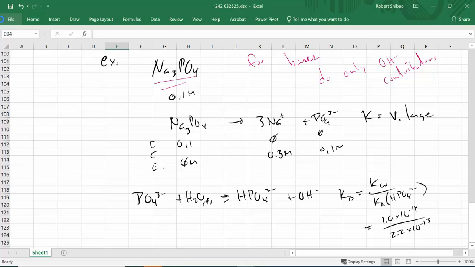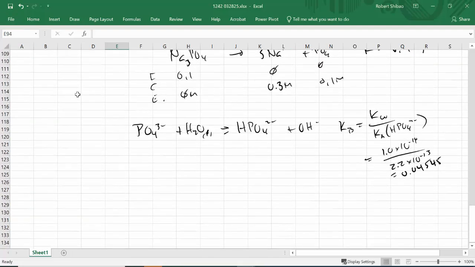And so what does that give us here? 1 times 10 to the minus 14 divided by 2.2 times 10 to the minus 13. 0.04545. I'll just carry extra digits until the end.